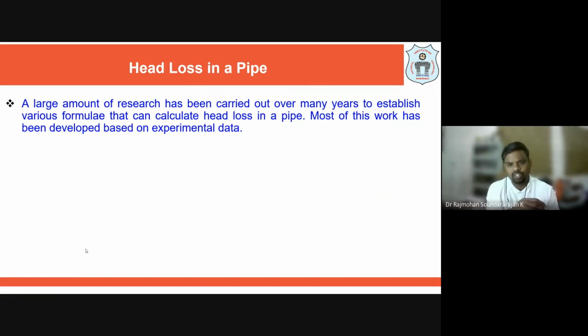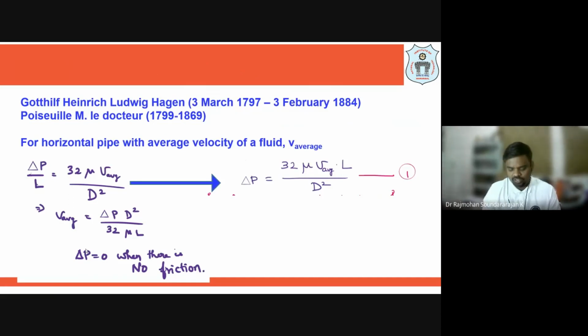We are going to see the different parameters which influence the friction, which we will discuss in a while. To start with, I hope in theory class we derived the expression for determination of pressure drop per unit length under laminar flow conditions in a closed conduit, particularly a circular pipe.